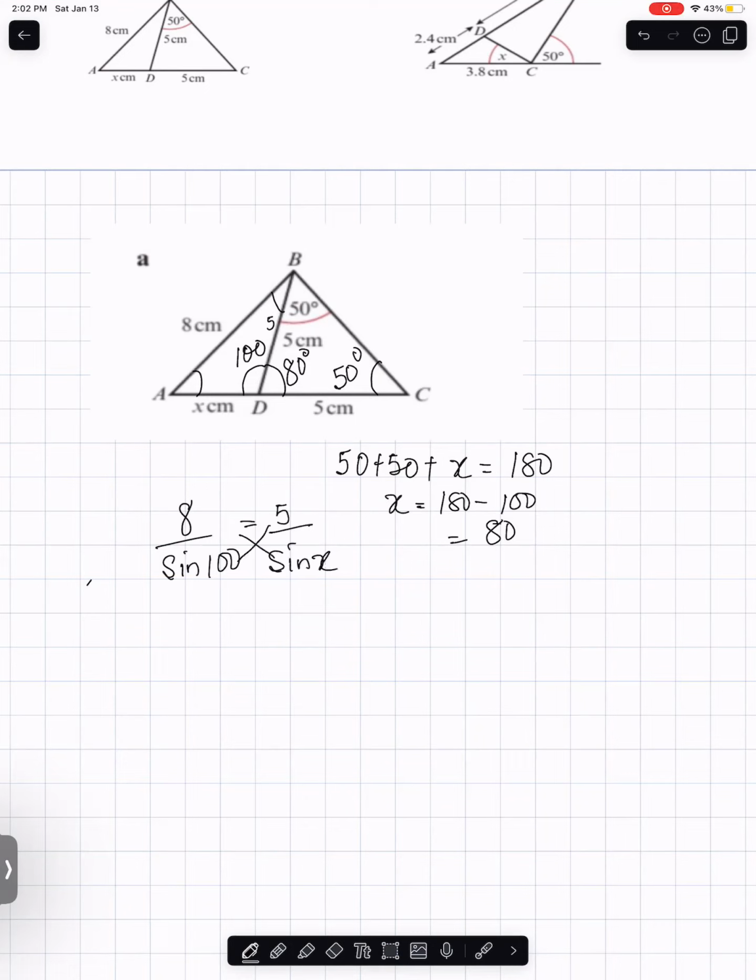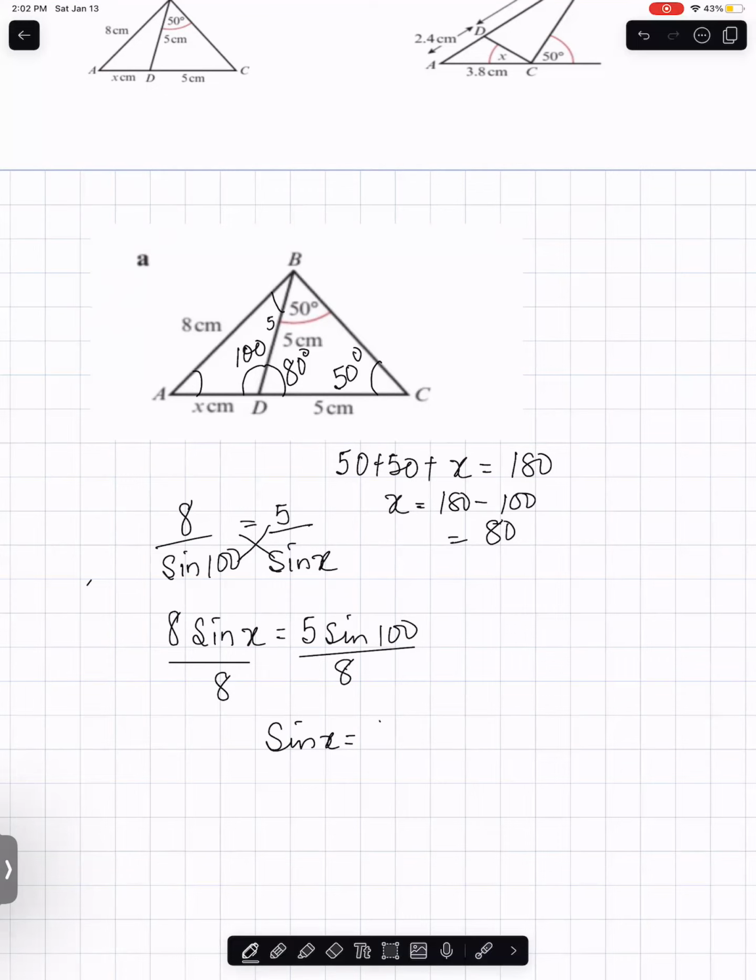So crossing multiply, I have 8 sine x equals 5 sine 100. Divide both sides by 8. So sine x equals 5 sine 100 divided by 8.